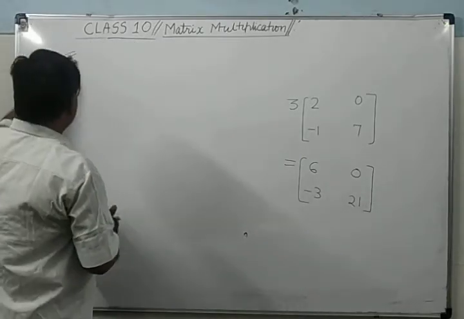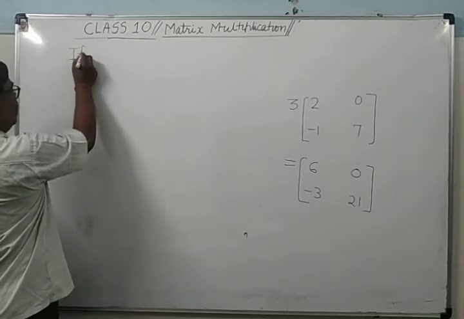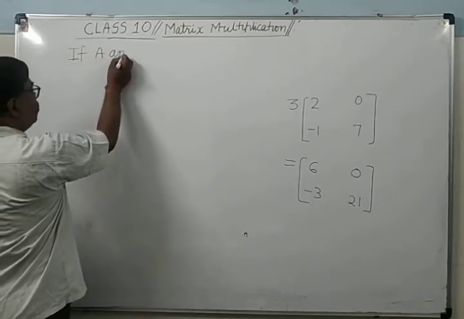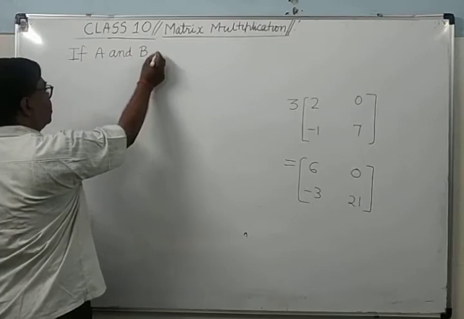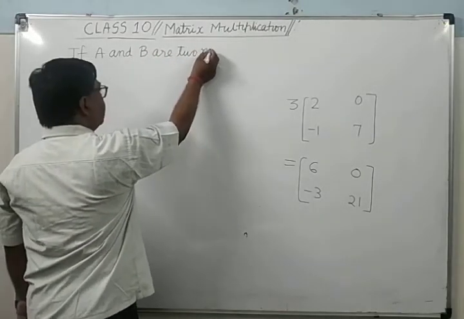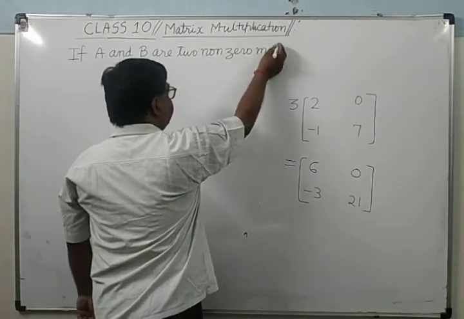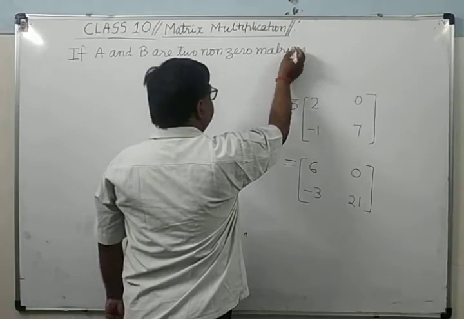So you see here, suppose A and B are two non-zero matrices, which means their elements are other than zero.